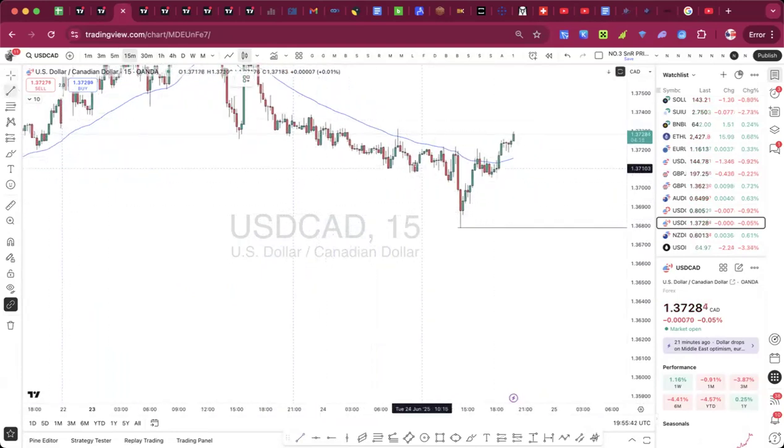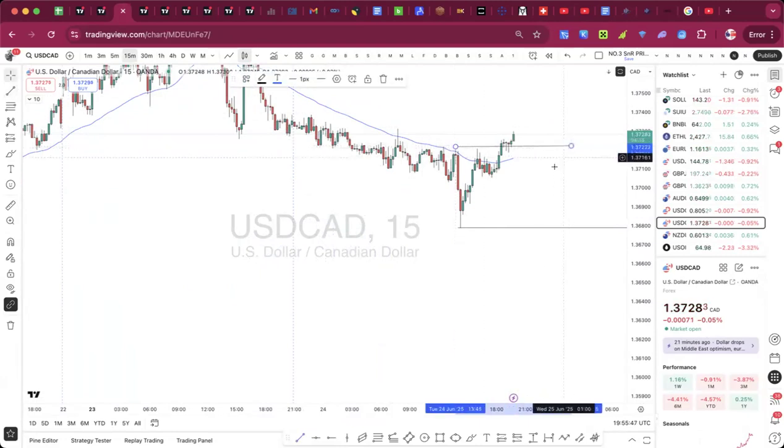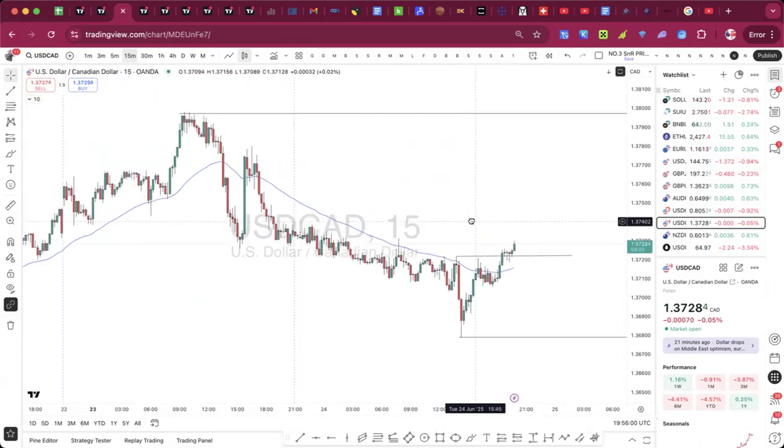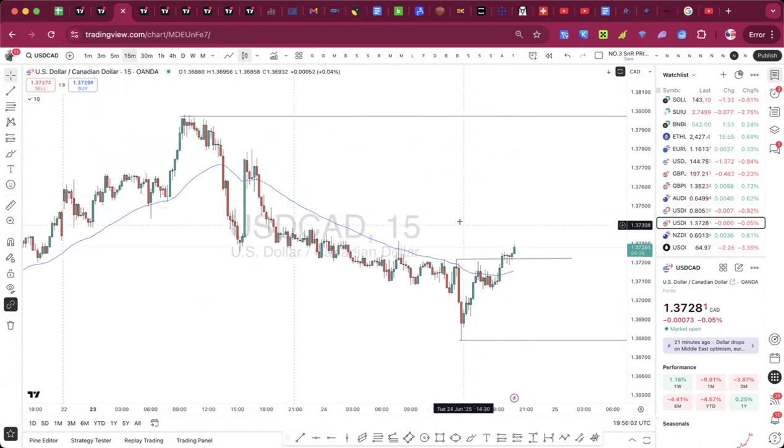Look at it here. This is the high, which brought about this low. And this low made another high and a higher low and broke structure. So you should continue to ride over here.